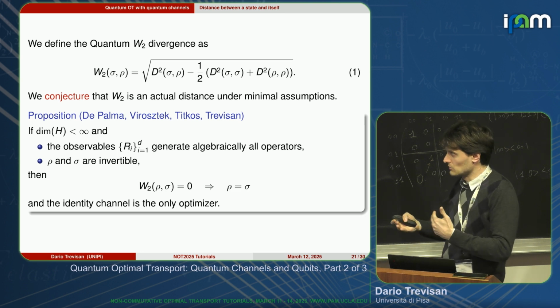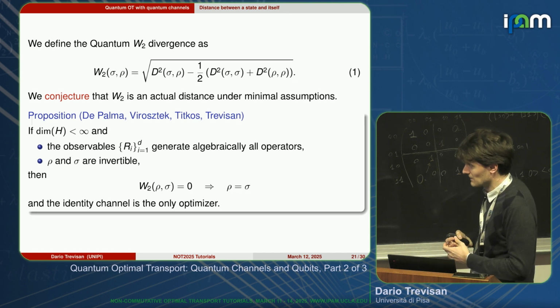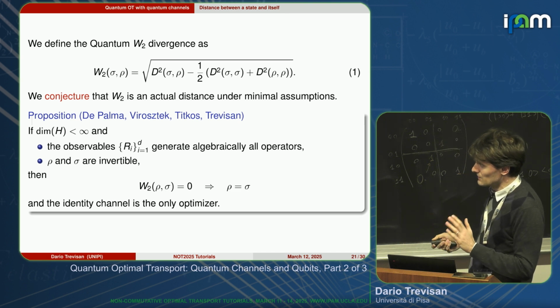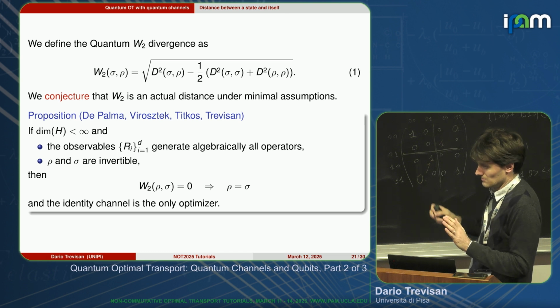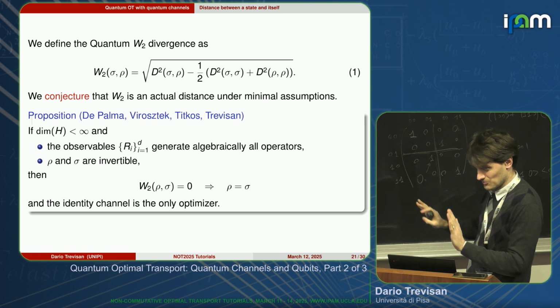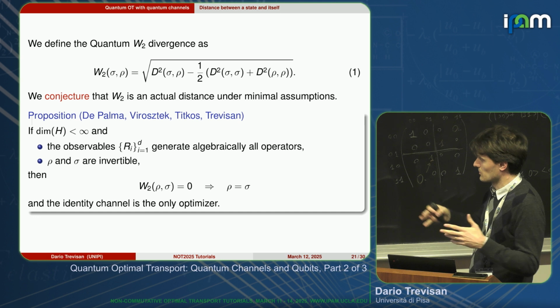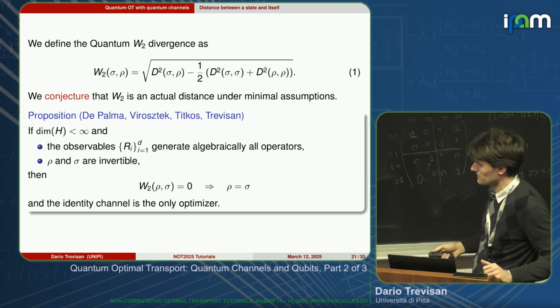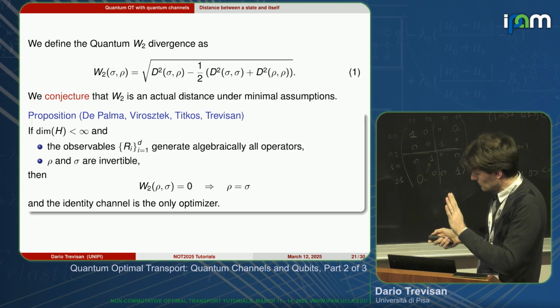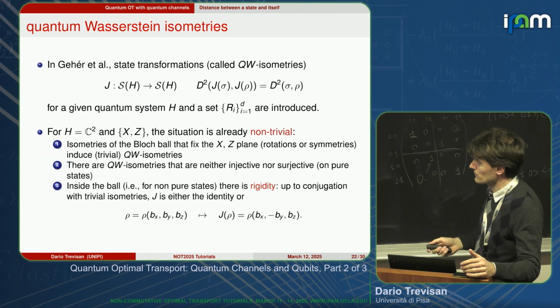So it's a good way to distinguish between two states, at least when these are invertible operators, which means they're very far from being pure states. This is a good distance for states which have full support. I'm not saying anything about the triangle inequality; that is a different story.